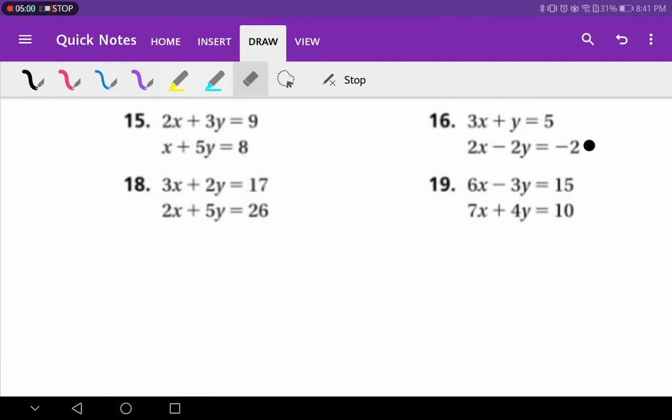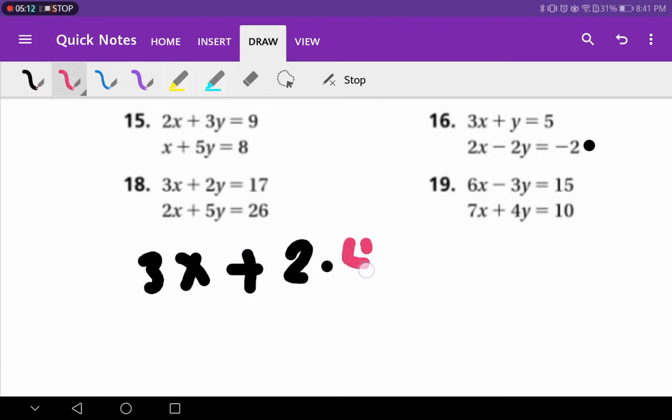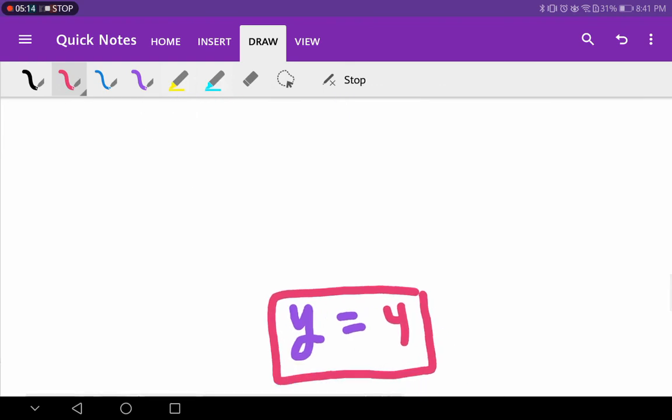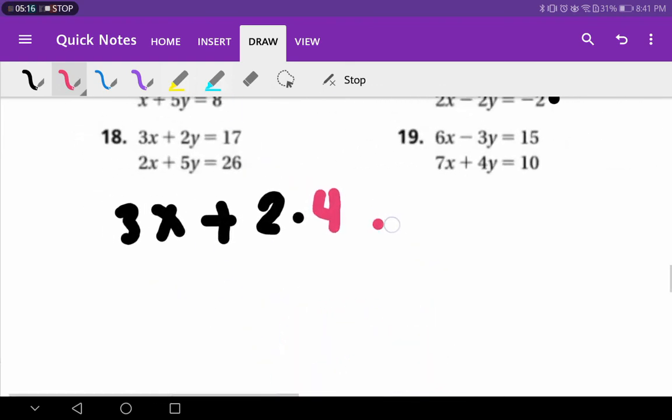Choose one, Ayman. First or second? First. Okay, the first one, which is 3x plus 2 multiplied by 4. From where do we get the 4? From here, my dear student. Equal to what? 17.